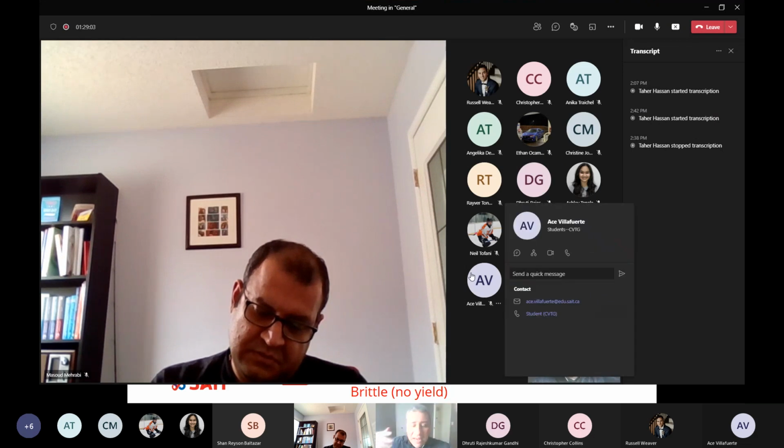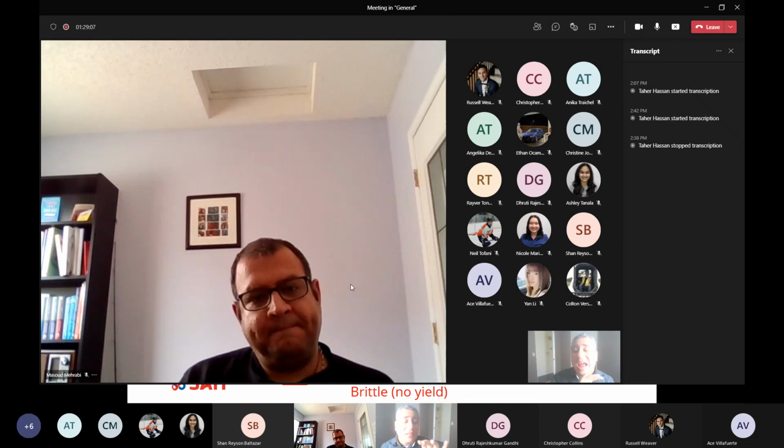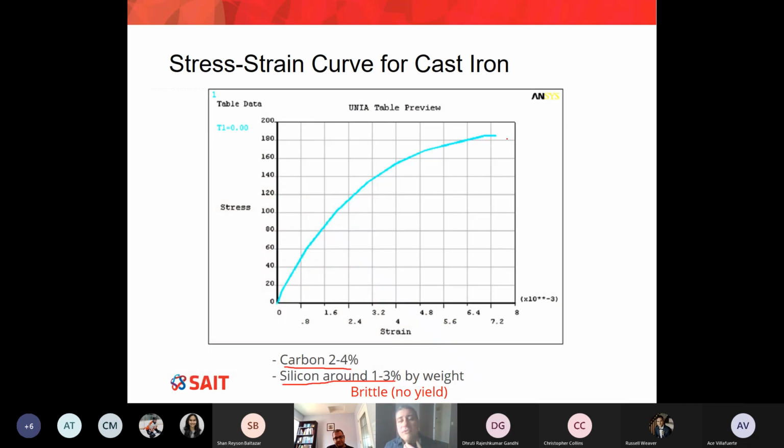We change the chemical composition, and that's why the metal will react differently, and you will see that very shortly. The curve for cast iron looks completely different from our mild steel. The linearity is very unnoticeable, only a very small part is linear, and then it goes into a curve. Do you see the yield? Anyone, please tell me, do you see any yield? Yes or no?